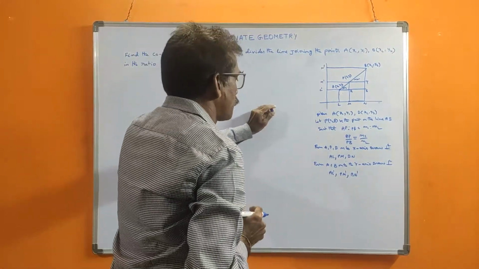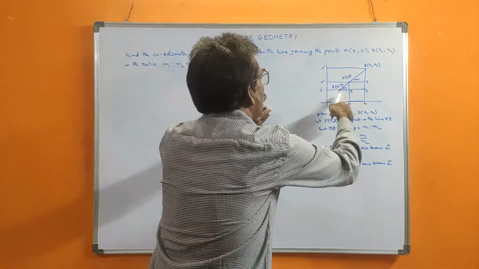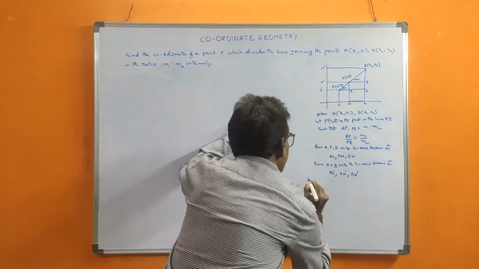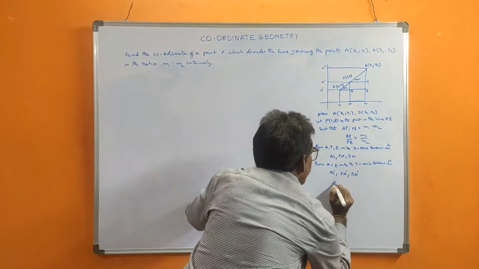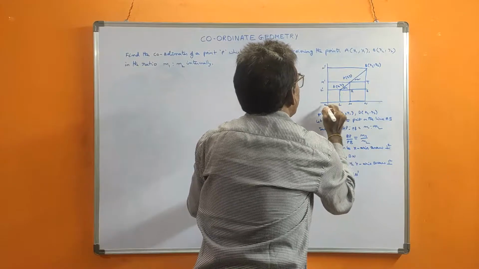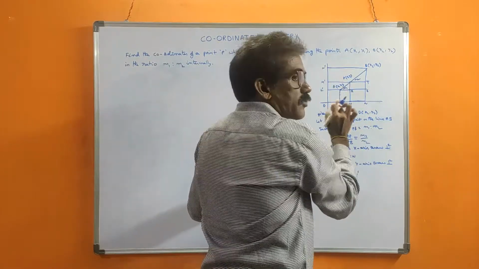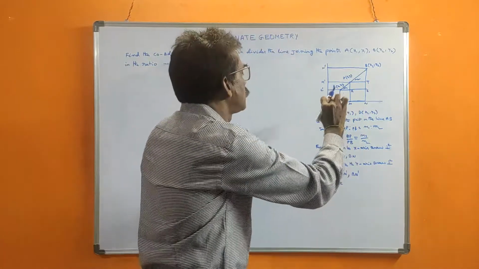Now we write some relations. First write the verticals. AL is equal to what? This is O, the origin, and from the origin we measure the coordinate distances.